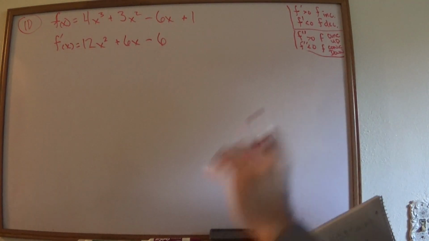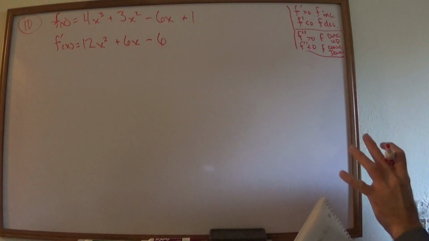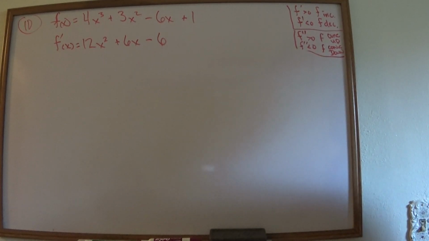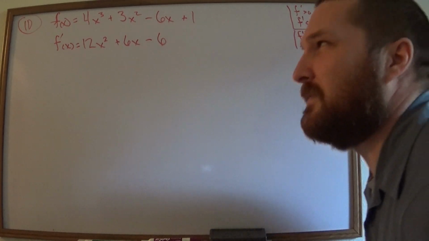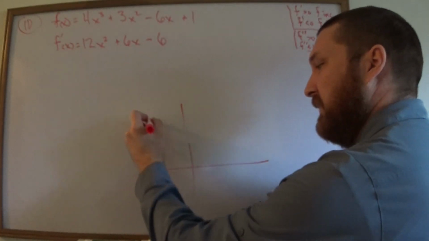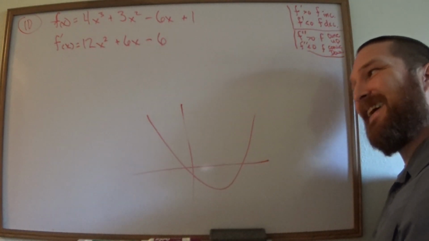Now, if my only goal were to find the min and the max, as of right now, we'd have to graph this and figure everything out. We'd have to know what's happening with the derivative. Is it going from positive to negative or negative to positive?